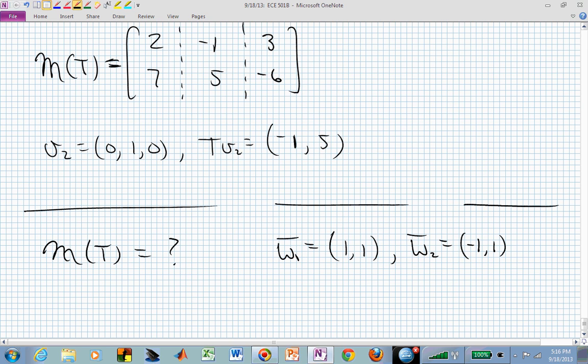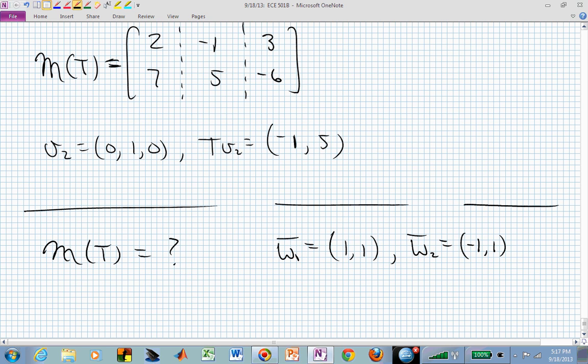Is that a basis for R2? Are they linearly independent? Can you find an a and a b, a times W1 plus b times W2, can you find non-zero a and b such that that linear combination equals 0? No, those vectors are linearly independent, aren't they? And they span all of R2. So that is a basis set.